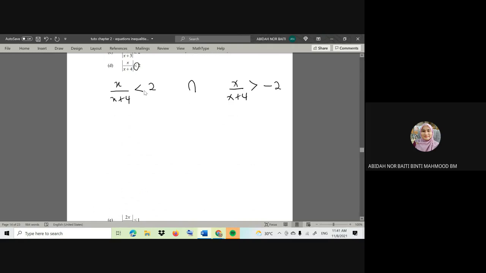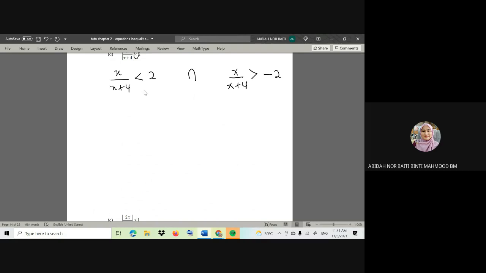So this is a rational inequalities ya, yang kita dah belajar tadi lah, memula tadi. Rational inequalities, we cannot cross multiply. Okay, you have to find 0 at your right side. So we have to arrange 2 tu lah. So x, terus equalize denominator ya. So positive 2 become minus 2 x minus 4 over x plus 4 ya.